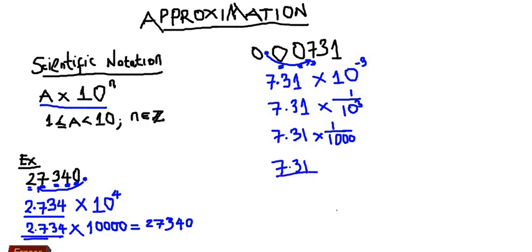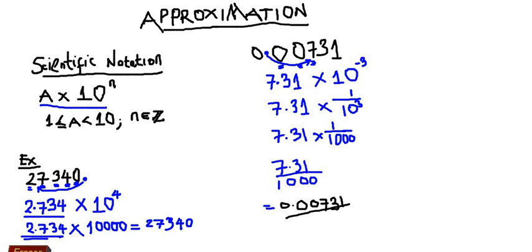Alright, so when we divide 7.31 by 1000, it will still give us 0.00731, which confirms that we have not changed the value of the original number when we write it in standard form.